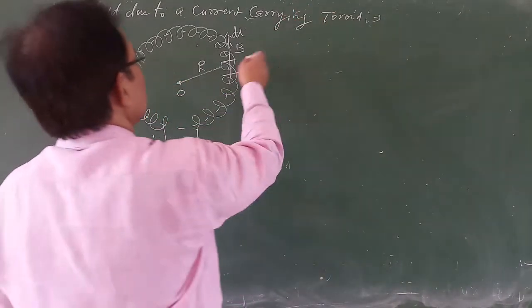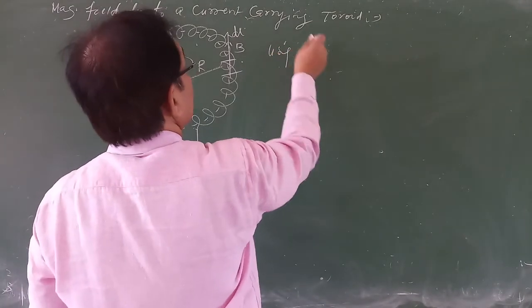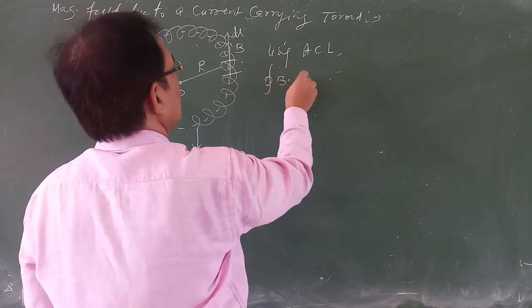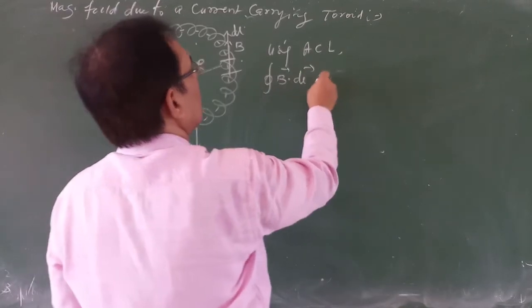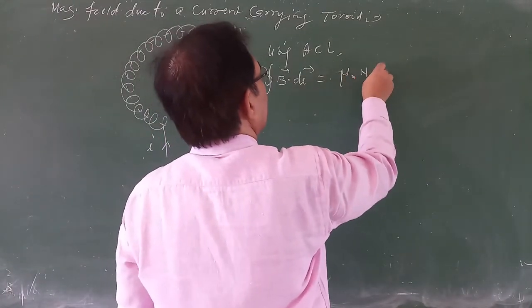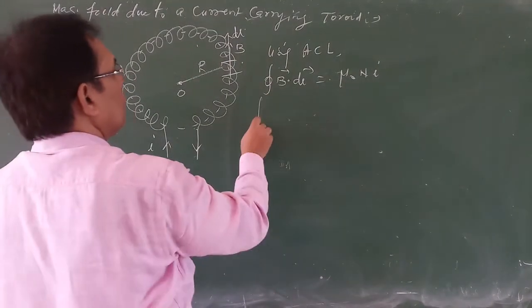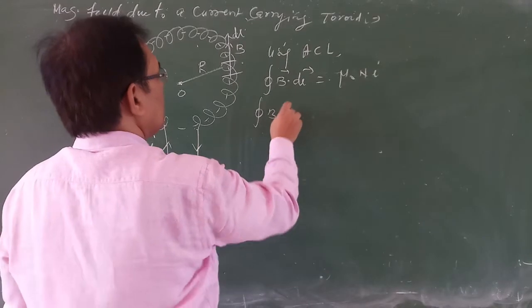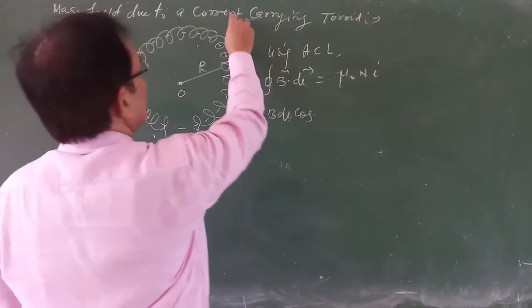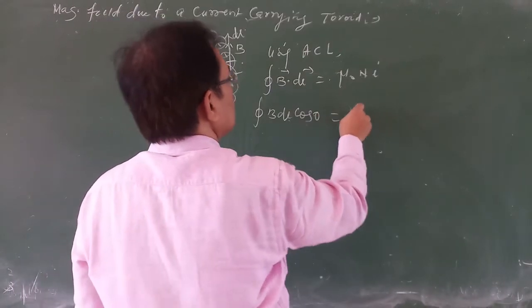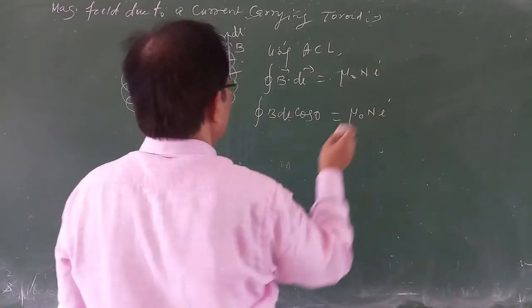Using Ampere's circuital law, the line integral of B dot dl equals mu naught n I for n terms. Here you can write B dl cos 0 degrees, because B and dl are both in the same direction. So this is equal to mu naught n I.